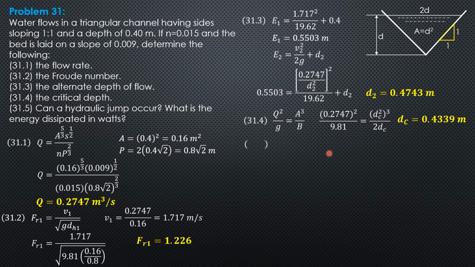If you can remember, F2 minus F1 equals mass flow rate Q rho times V1 minus V2, where we have not yet computed V sub 2 corresponding to depth 2. This is not the alternate depth of flow. This is the depth in the upper stage. So expect a different depth.